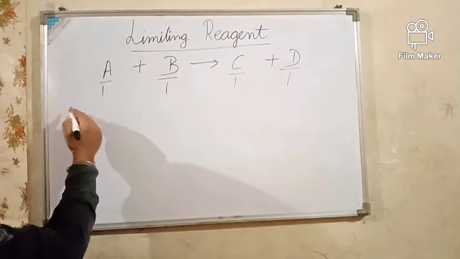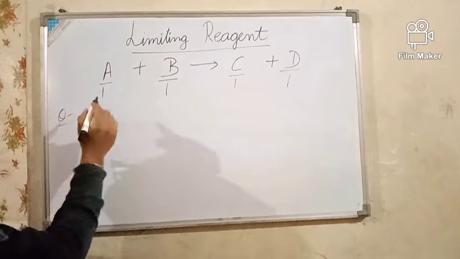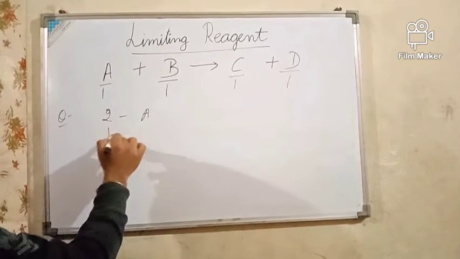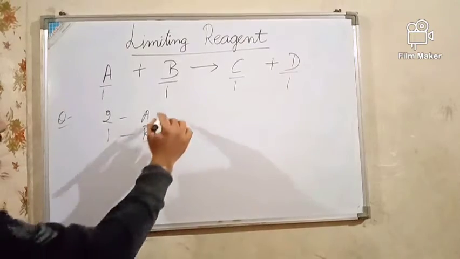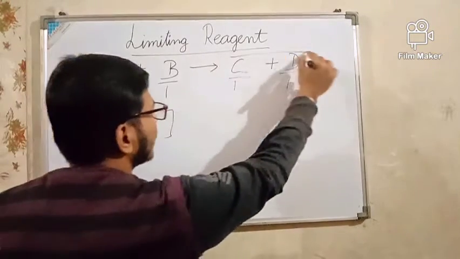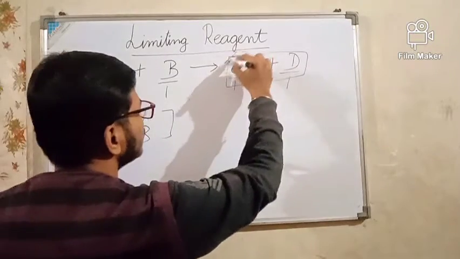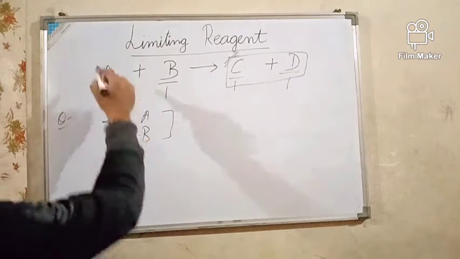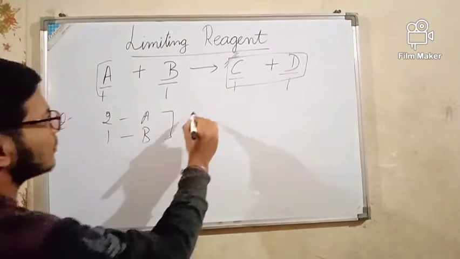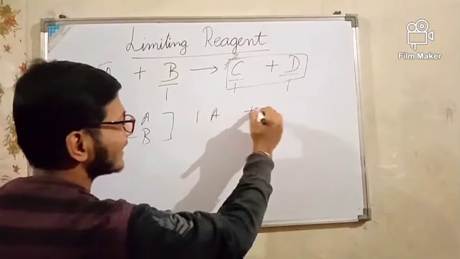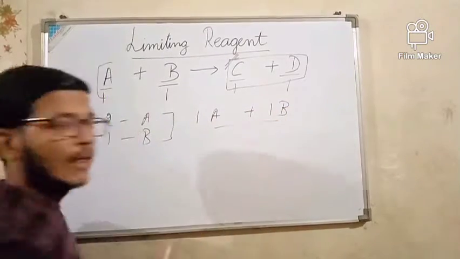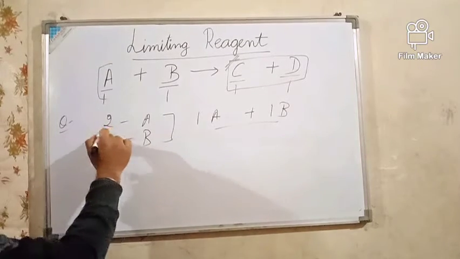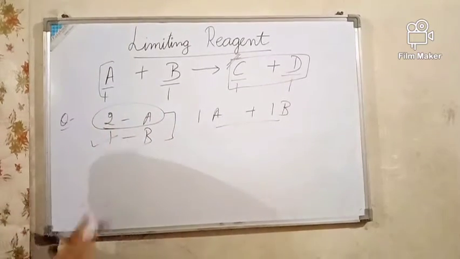Now suppose we are given in a question 2 moles of A and 1 mole of B, and we are asked the number of moles formed or the yield of the products. In that we say that from the balanced equation we know that 1 mole of A reacts with 1 mole of B. Here we have 1 mole of B, but the number of moles of A here is 2.